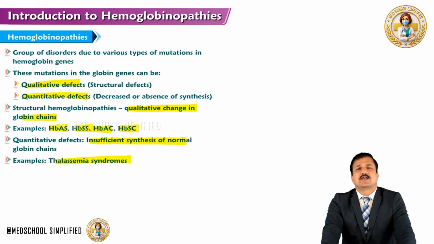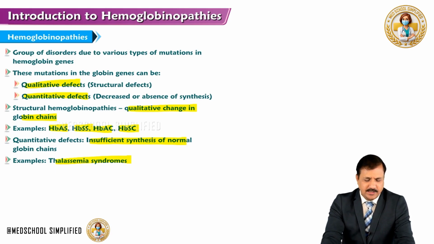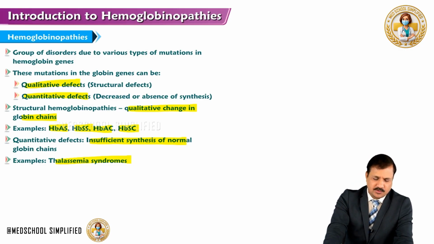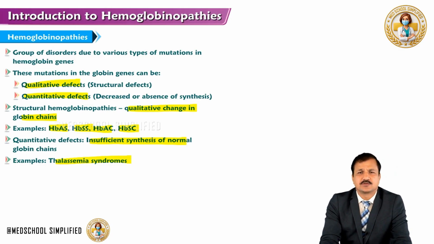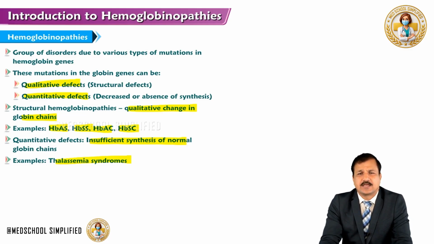So like this, mutations in genes coding for hemoglobin, especially the globin part of hemoglobin, are classified into qualitative defects and quantitative defects. Furthermore, the qualitative defects usually lead to structural hemoglobinopathies, and the best example to study structural hemoglobinopathies is sickle cell anemia.